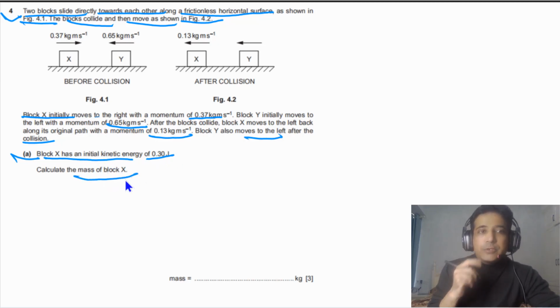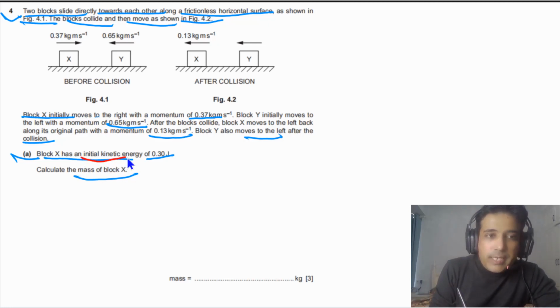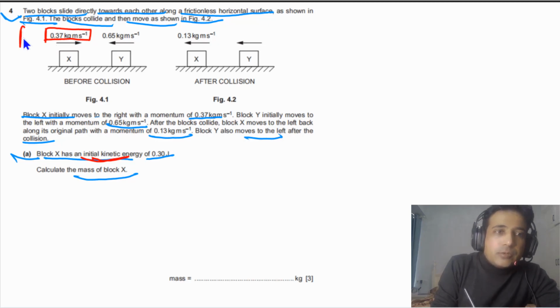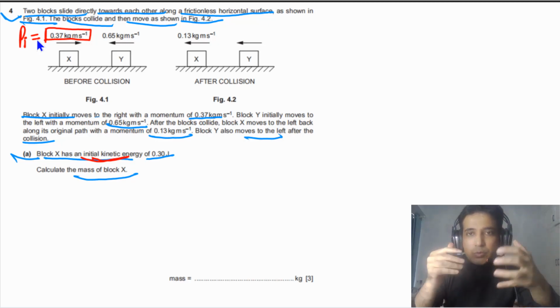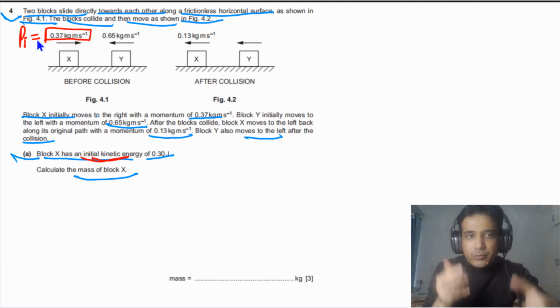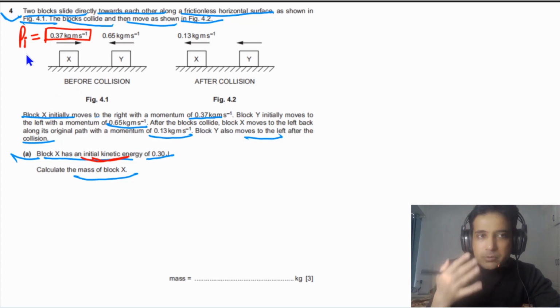So the first thing we need to understand in this case is we are talking about initial kinetic energy, so we have to take the initial momentum, and this is the initial momentum of block X. We have the momentum of the block, we have the kinetic energy of the block, and we need to calculate the mass.